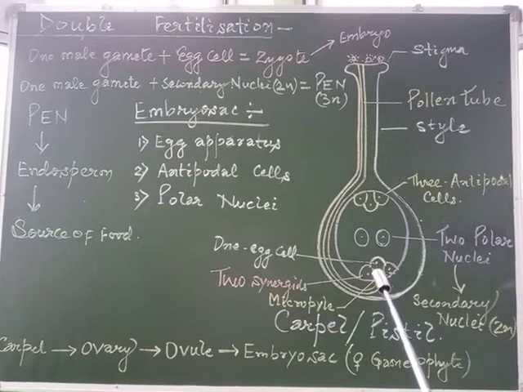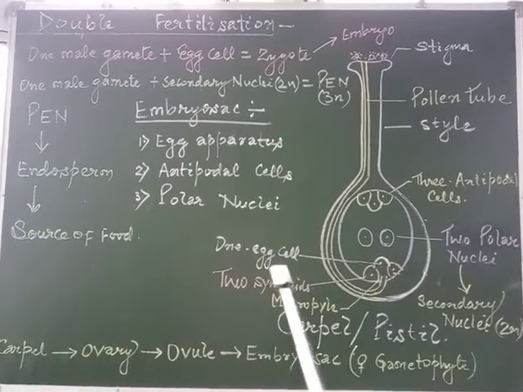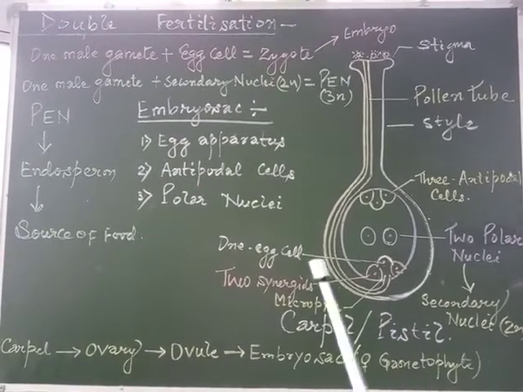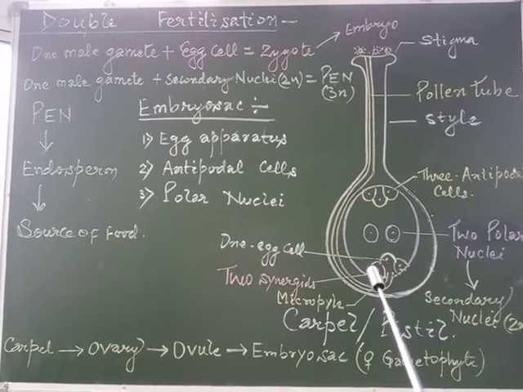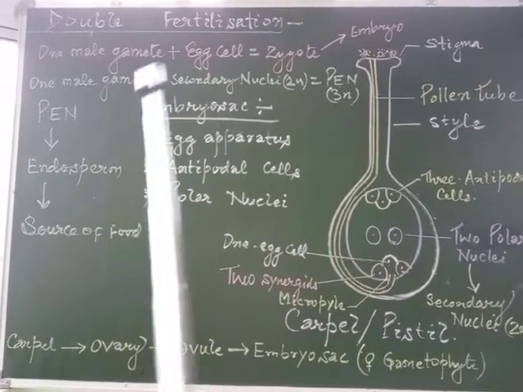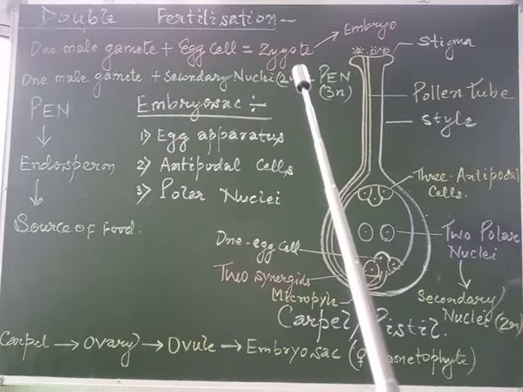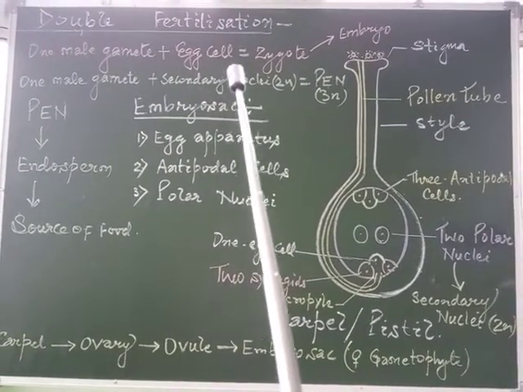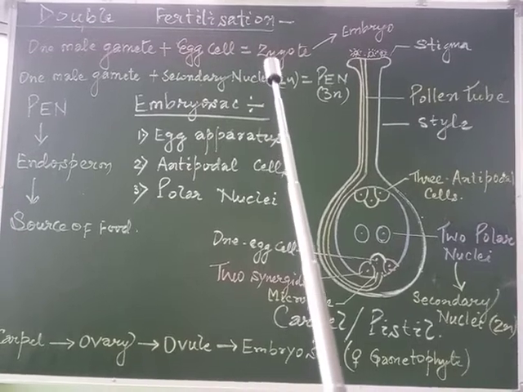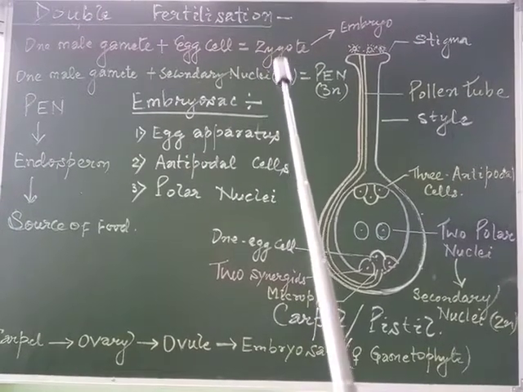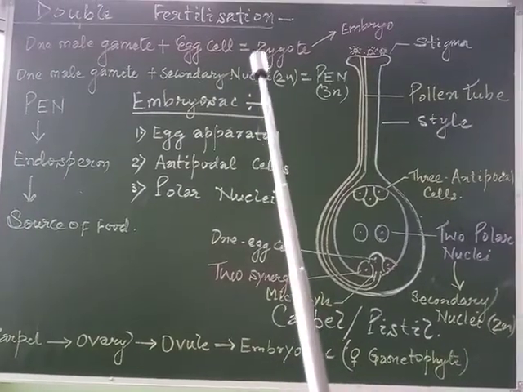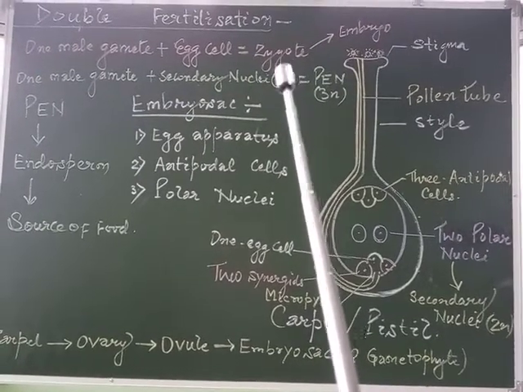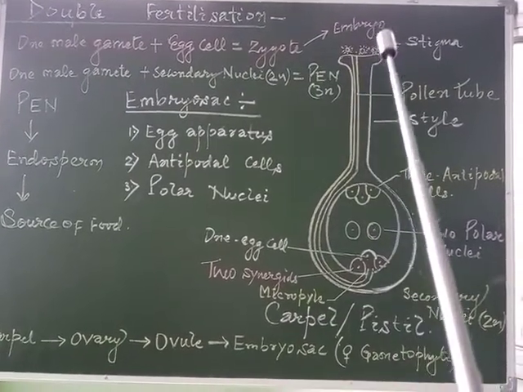One male gamete fuses with the egg cell and forms the zygote. The process is also called fertilization, and it is also known as syngamy. After the zygote formation, it transforms into an embryo.